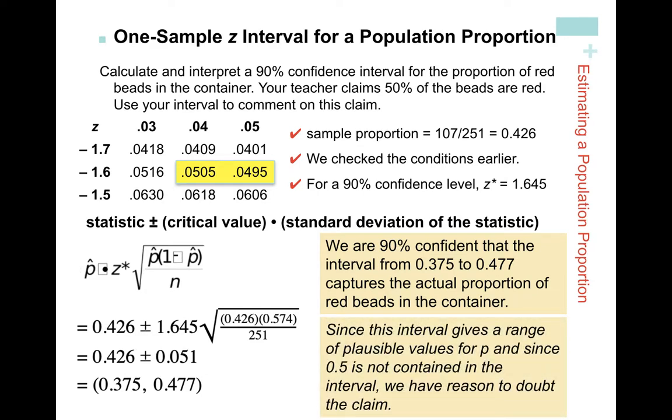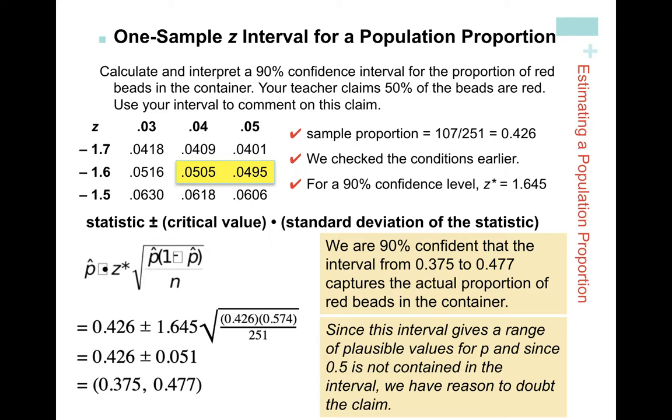So this interval gives us a range of plausible values for P. Now, if Mr. Lee says, oh, I think 50% of the beads are red, notice how that claim, Mr. Lee's claim of 50%, is outside of the entire interval. Now, we trust our interval because we followed the procedures, right?